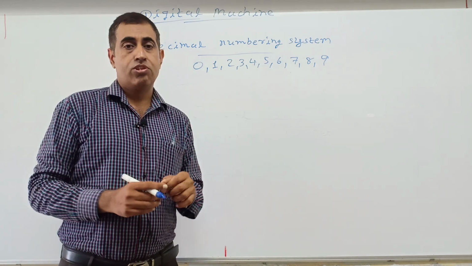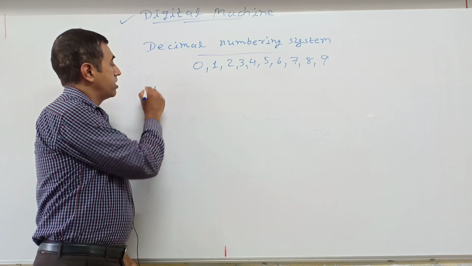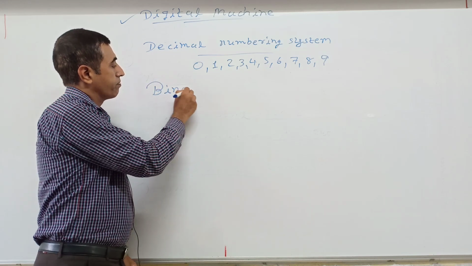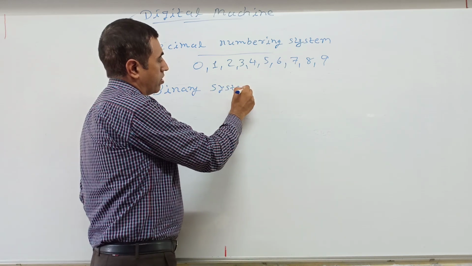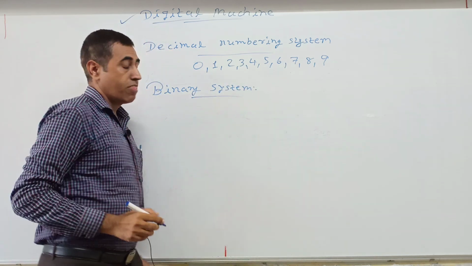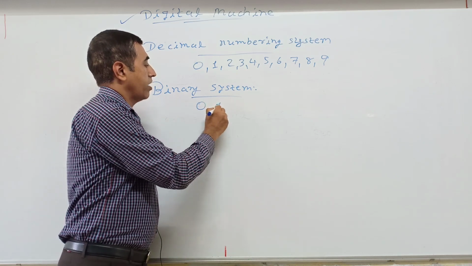But computer doesn't use this numbering system. Computer uses binary system. In binary numbering system, there are only two digits, 0 and 1.